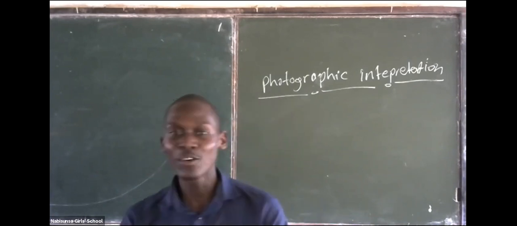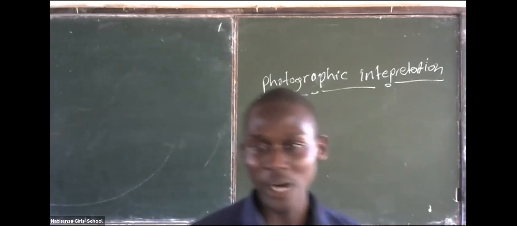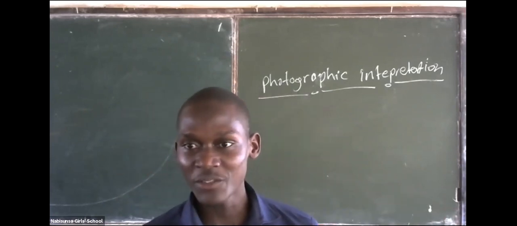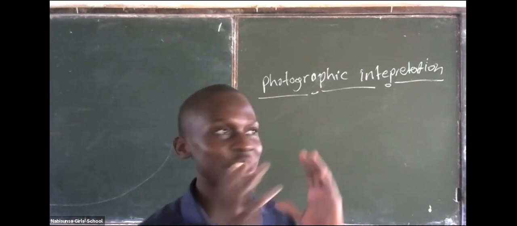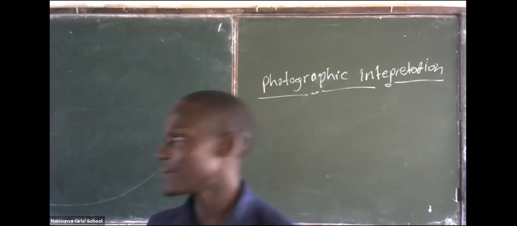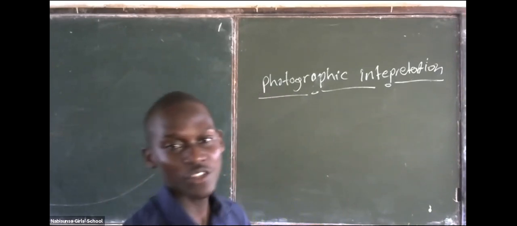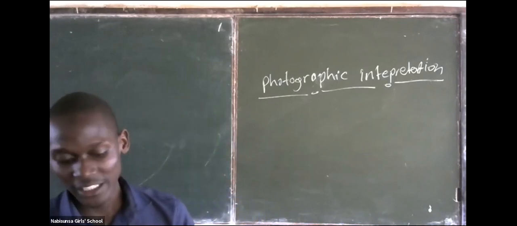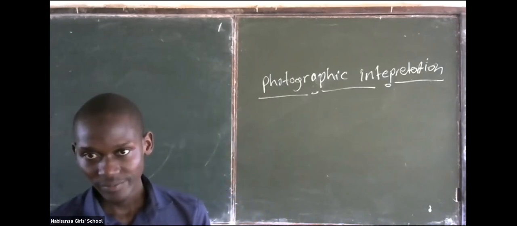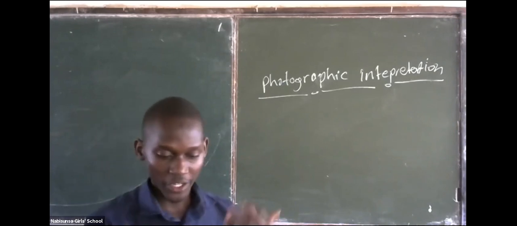These pictures help you to understand more what the article is all about. So the same skills we use to read newspapers are the same skills we use in photographic interpretation in geography. Am I clear? Are we on the same board? Yes, teacher.